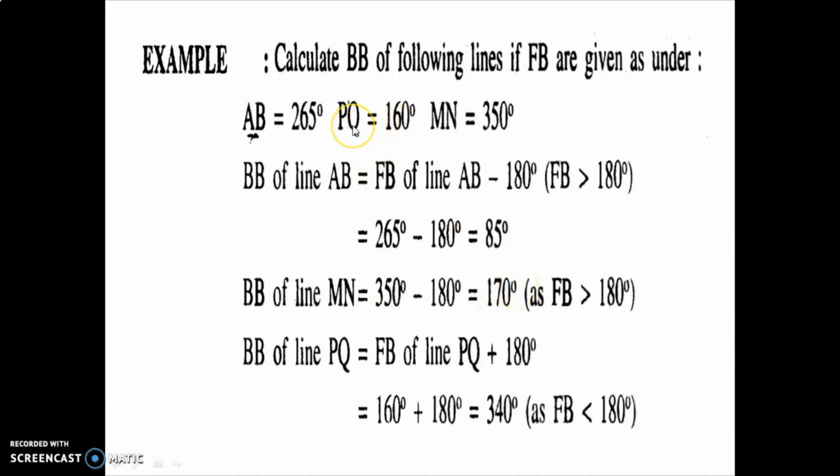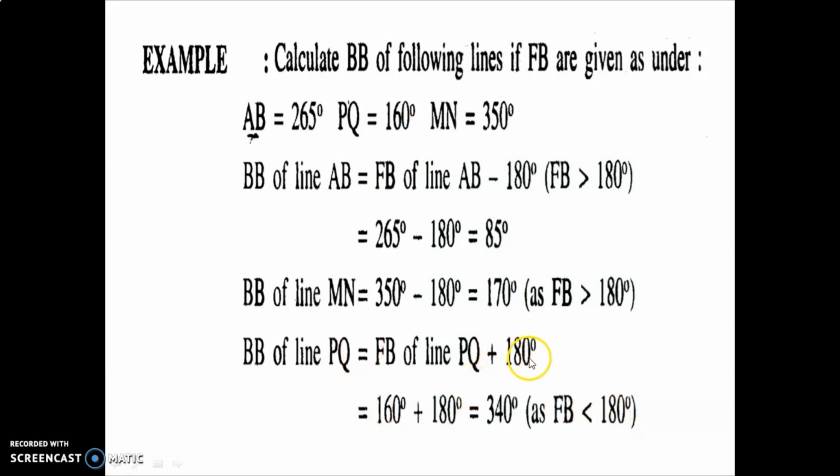Same way, the forebearing of line PQ is given 160 degrees, and if you want to calculate the back bearing of line PQ, you can see here the forebearing value is less than 180 degrees. So what you have to do? You have to add 180. So back bearing of line PQ is equal to forebearing of line PQ plus 180 degrees, because this forebearing value 160 is less than 180 degrees.